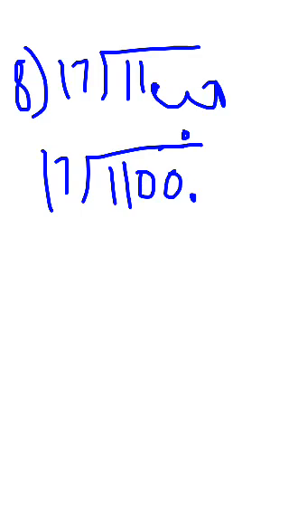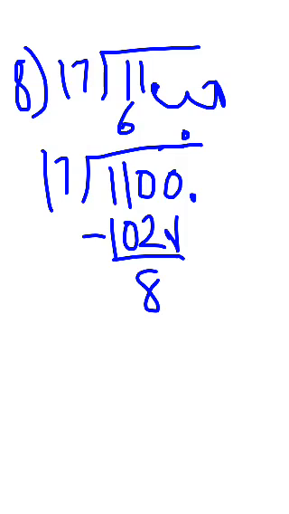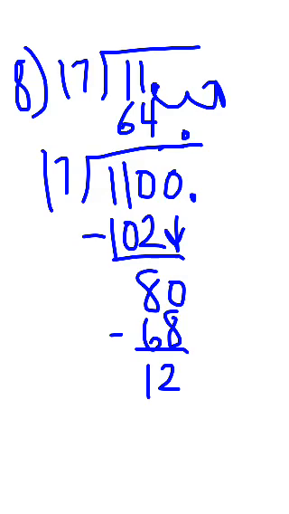17 into 110 will go 6 times. 17 into 80 goes 4 times. The directions say round your answer to the nearest whole percent.